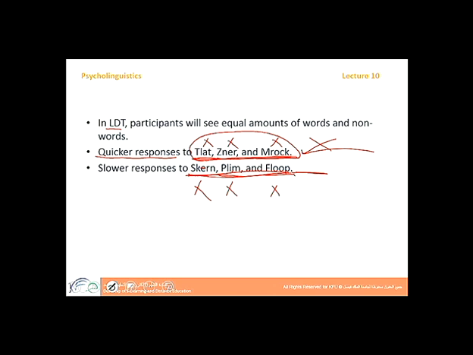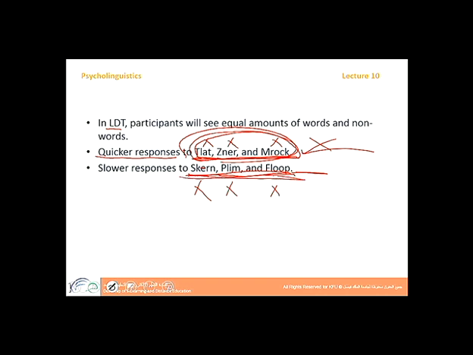But these ones here, they are impossible non-words. They are non-words, and they cannot be English words. They are impossible non-words, phonologically. They cannot be English words. So we call them impossible non-words.